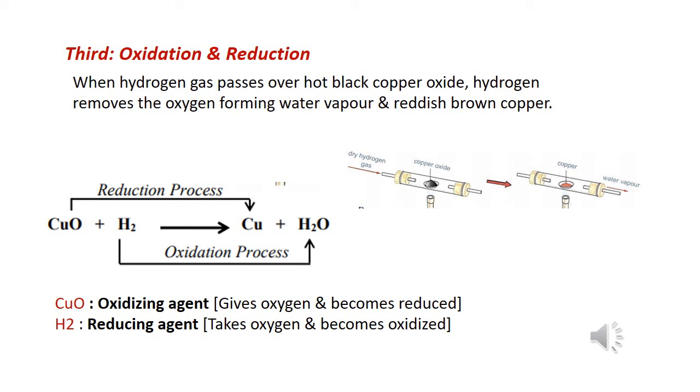Here, copper oxide was reduced because oxygen was removed, while hydrogen is oxidized because it united with oxygen. So we can call copper oxide oxidizing agent, while hydrogen a reducing agent.